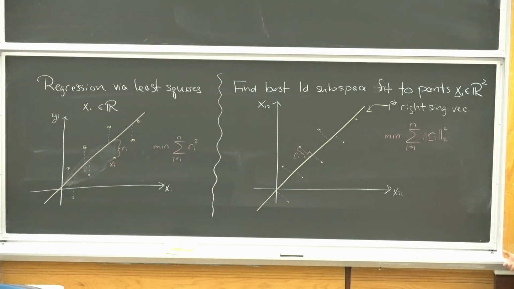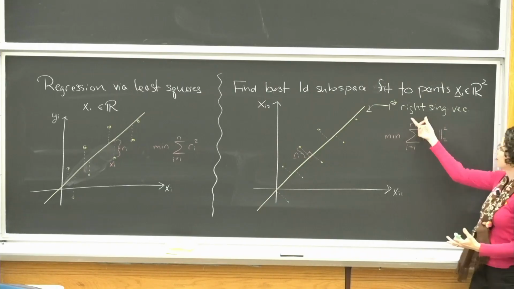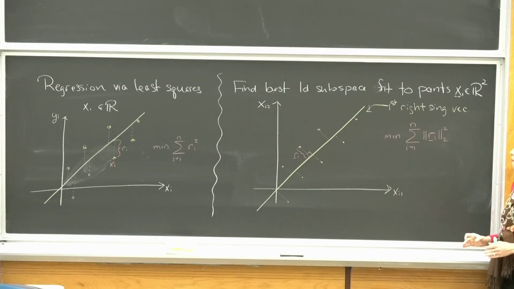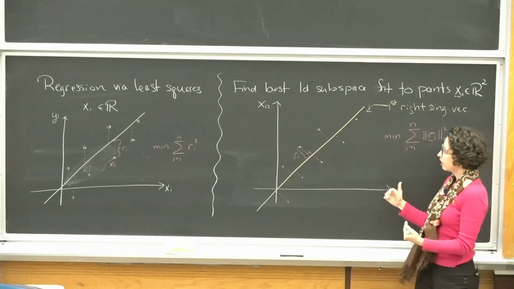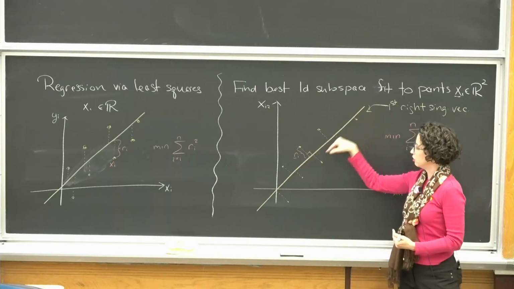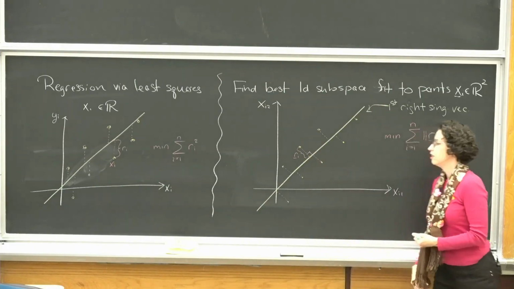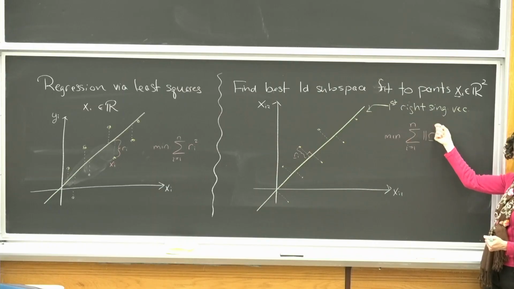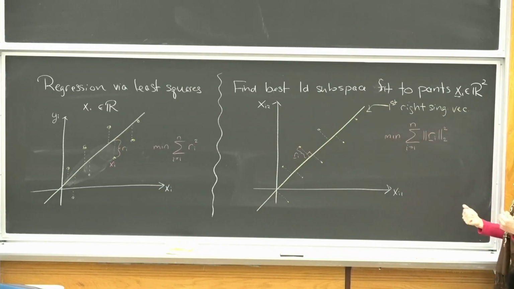We're going to talk more about what we mean by right versus left singular vectors, what exactly we mean by singular vectors, but today we're just going to focus on this idea of finding a good 1D subspace fit. This is going to tell us one small component of the singular value decomposition, but once we understand this, all the other components are going to very easily just fall right into place.